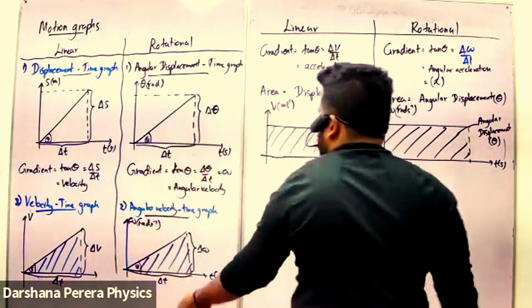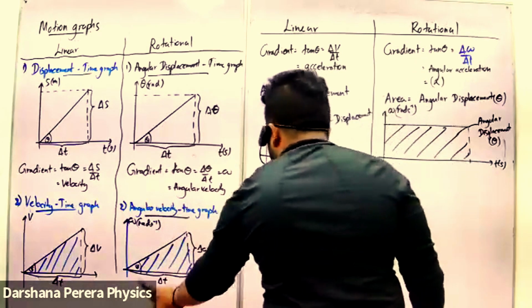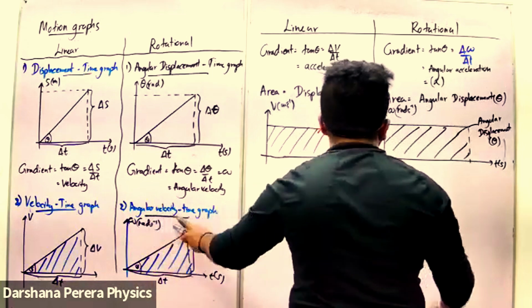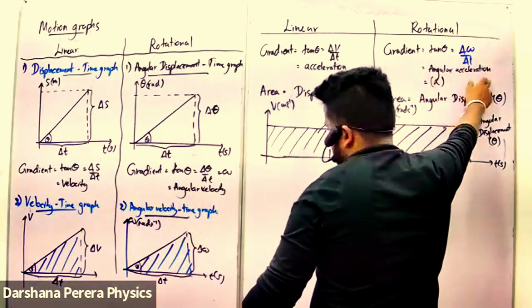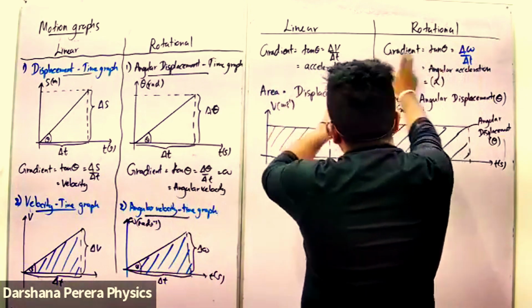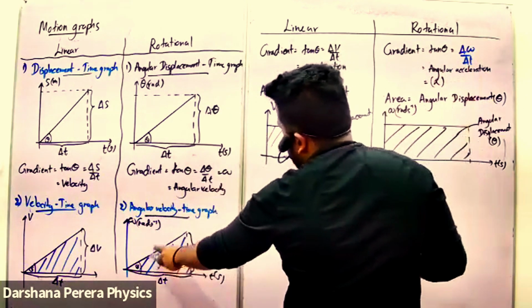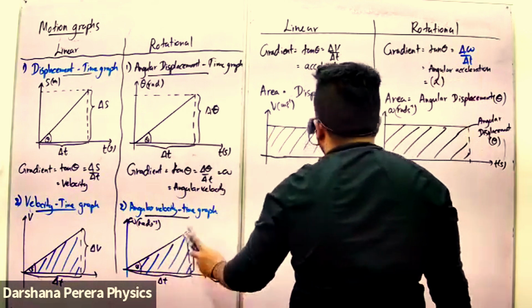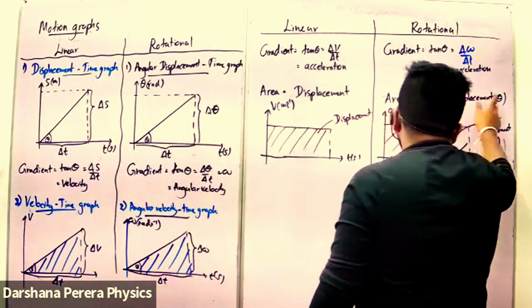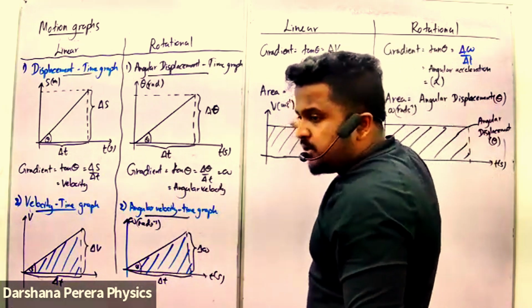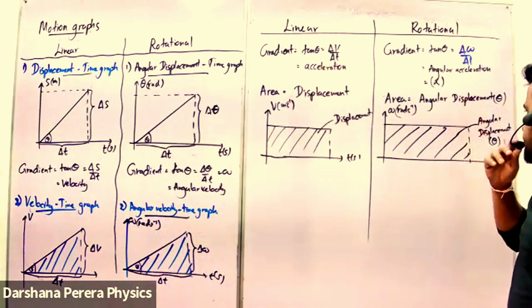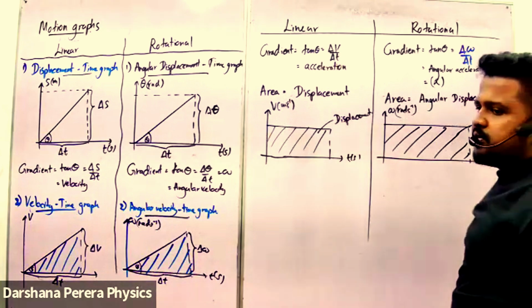Likewise, the angular velocity time graph is also the same. The gradient of the angular velocity time graph is angular acceleration, like linear acceleration, angular acceleration. The area under the omega t graph is angular displacement. This is linear displacement, this is angular displacement. Both cases are the same.